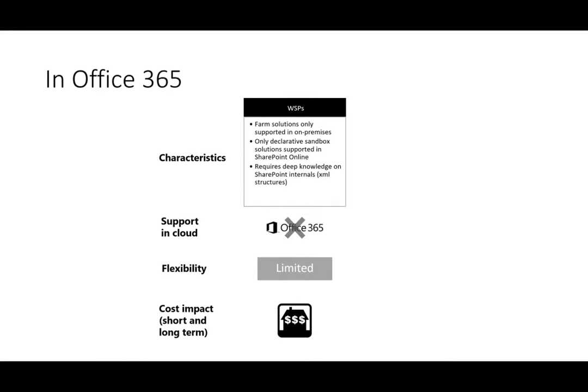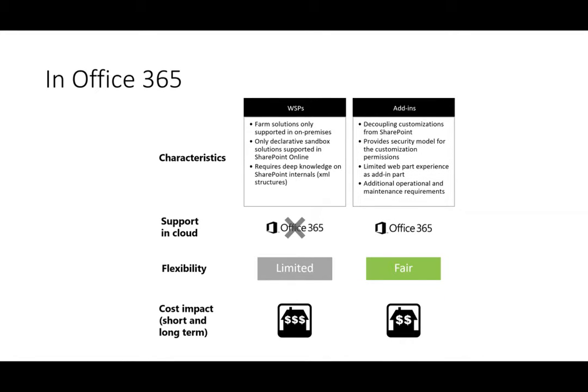But if you have done your development as add-ins, like SharePoint add-ins and Office add-ins, which you work with in SharePoint app catalog sites, you can move to Office 365 very flexibly, because these add-ins decouple the functionality and make sure they work in the same scenarios as on-premises; they work the same way online. So if you have done add-in development, you could quickly move your information from on-premises to online.